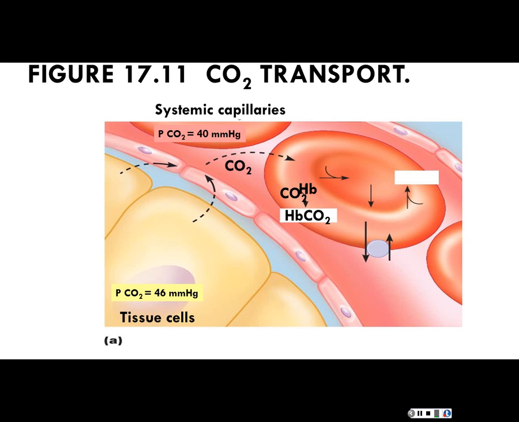We can enhance that with the use of an enzyme called carbonic anhydrase, which I've summarized with the abbreviation CA in the blue circles. That'd be an enzyme in your red blood cell, there to bind with carbon dioxide. And what else? CO2 and what else do I need for this reaction?